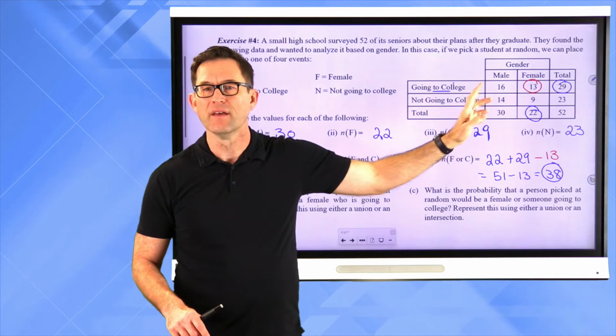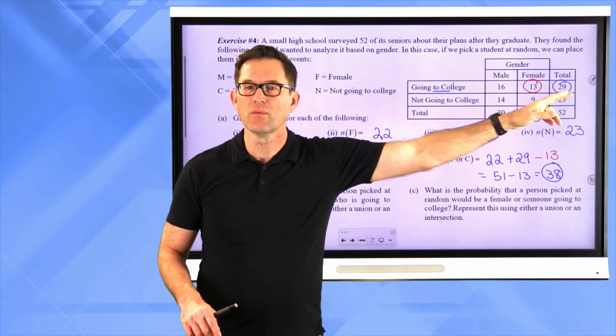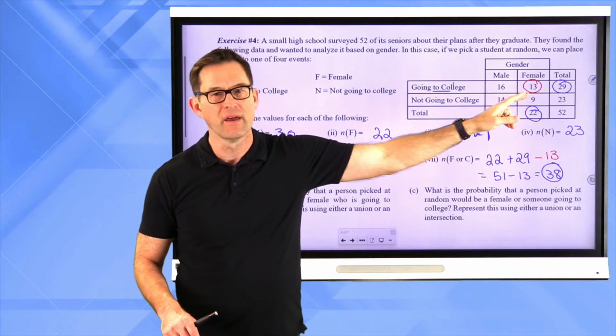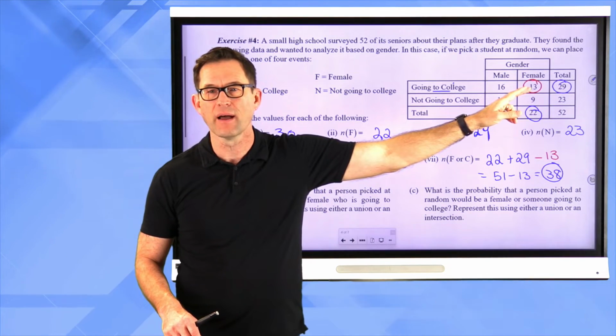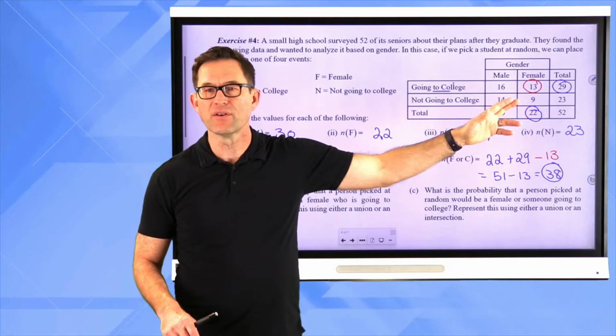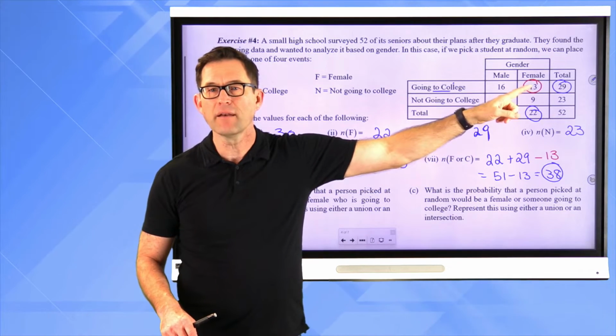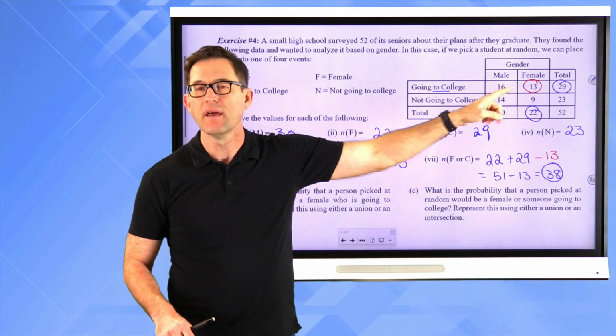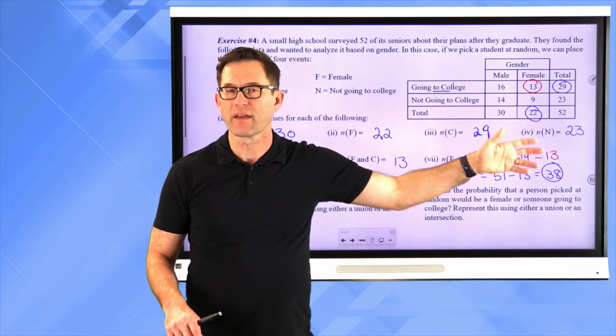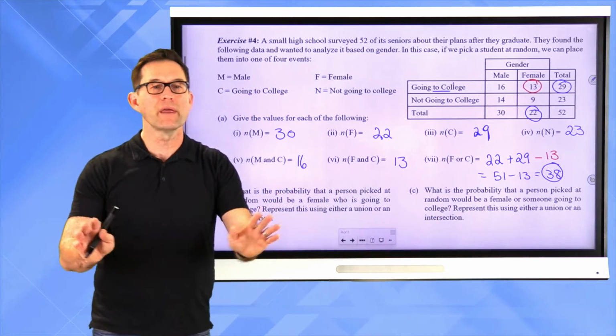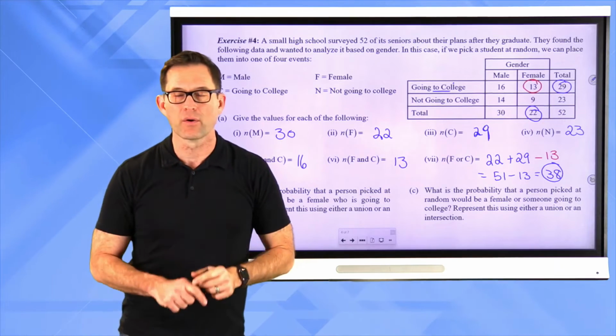I've got the 16, the 13, which gives me the people going to college, but I counted that one too many times. So all I would have to do is add my 9, my 13, and my 16, to ensure that I'm not counting anything twice. Totally nothing wrong with that, go for it, right?